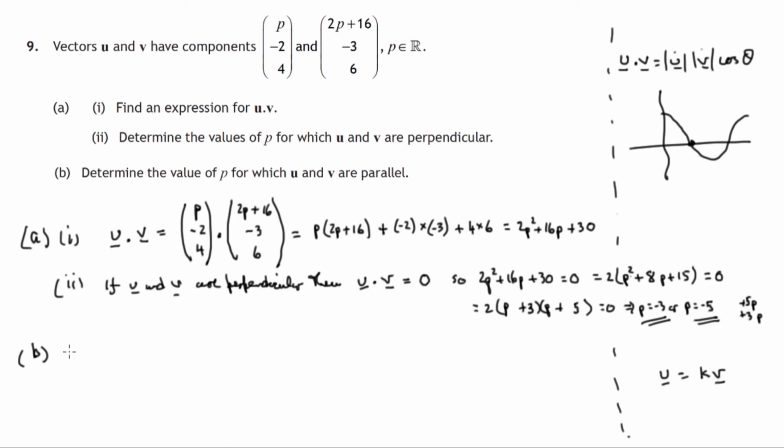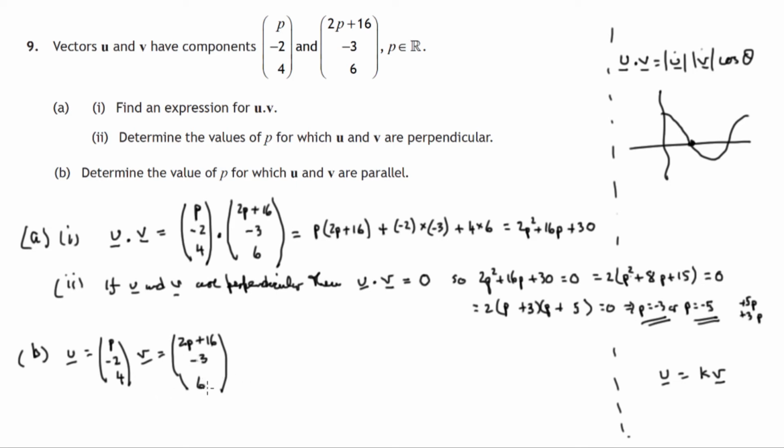So if we look at the components of these two vectors, let's look at their y and z components, because their x component is not determined yet because it's got a variable p in there.